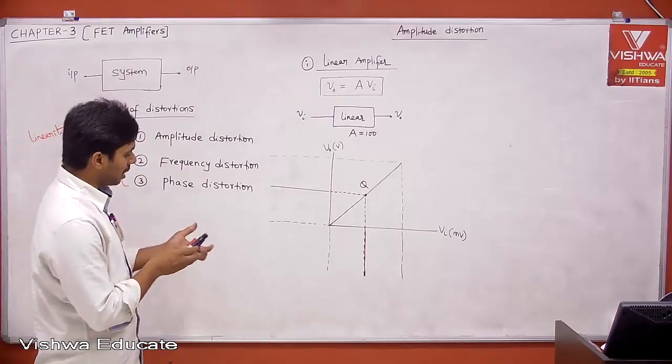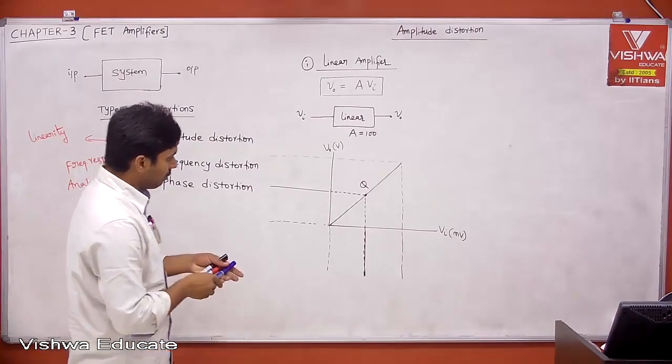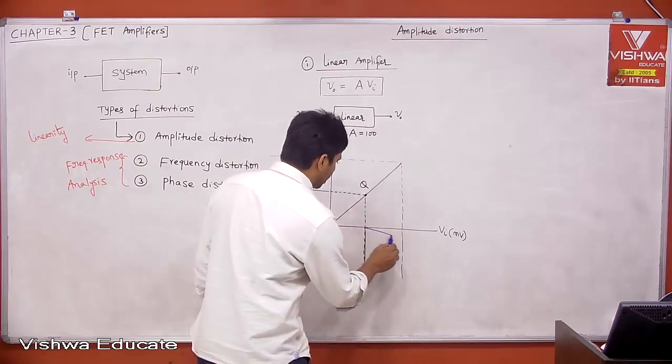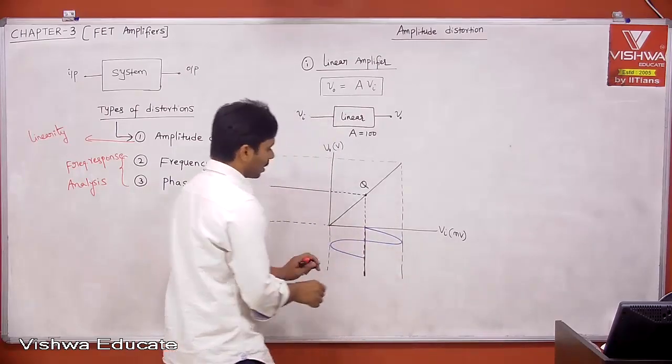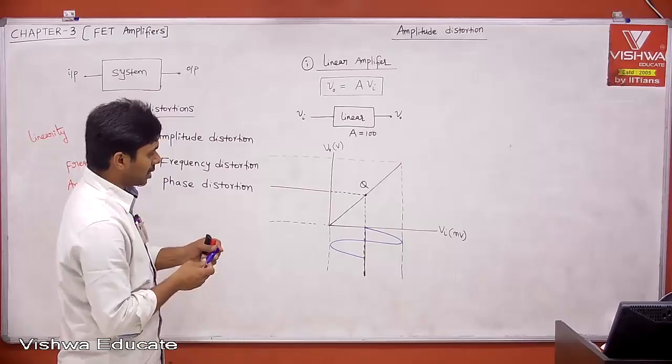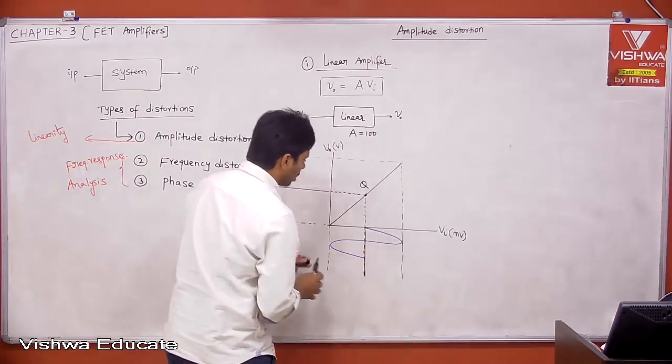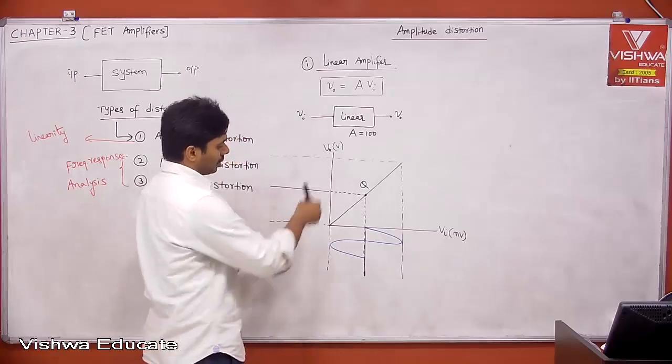Now let me apply the signal I want to amplify. Let us say the input is swinging from minimum to maximum, and this is your time axis.